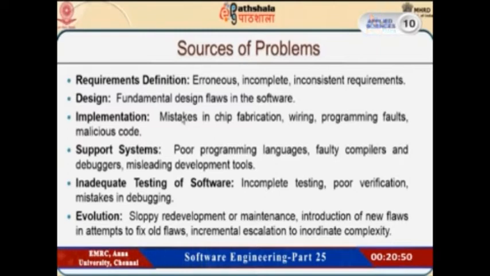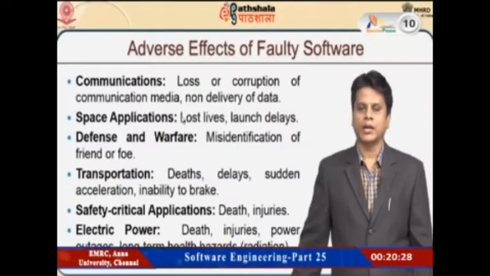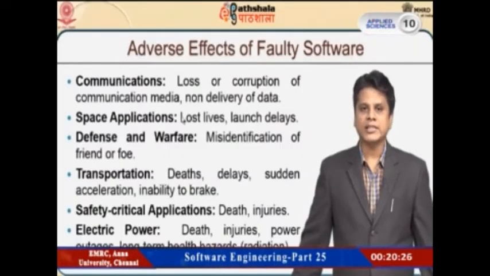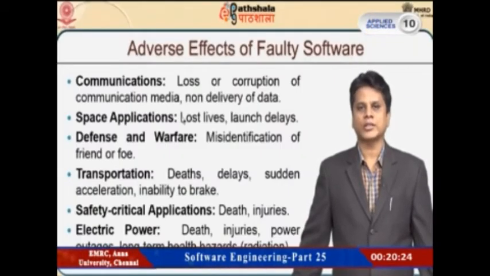Any old flaws that we have come across, with the intent of fixing the error in the old flaw, we may come out with a new error also. So there can be incremental escalation to inordinate complexity. Those were some of the very common sources of problems which happen over different phases of the software development life cycle.